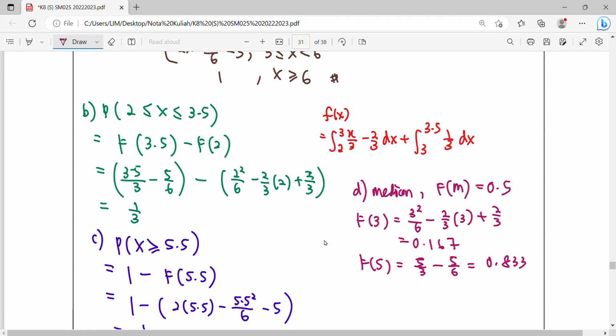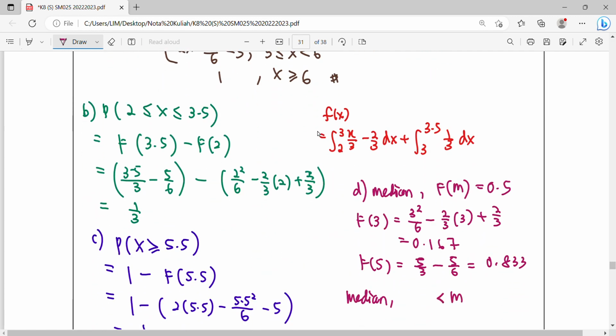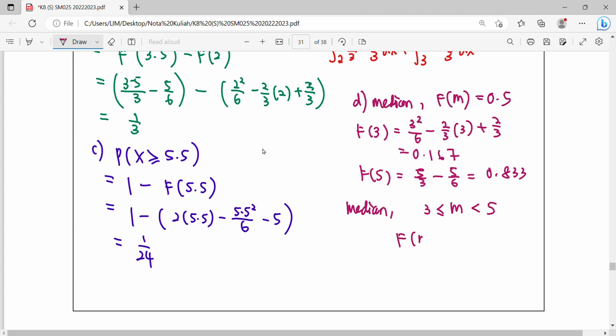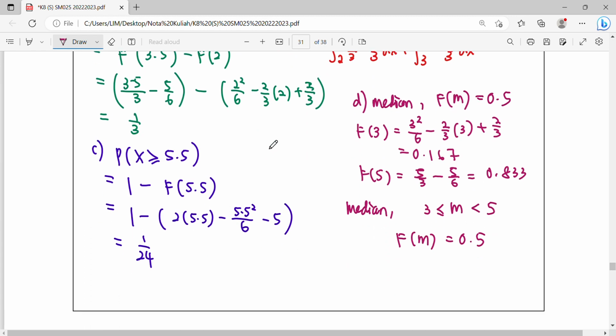So therefore, median, it fall on interval 3 and 5. So Fm will be equal to 0.5. So using the function in this interval, which is x/3, substitute m/3 minus 5/6 to find out what is your exactly median value.